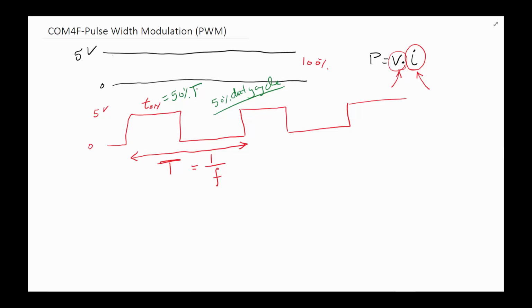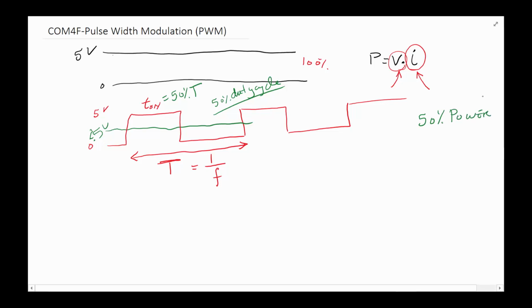So in this particular case, as far as the power is concerned in this device, the power is the average of on time and off time. So instead of seeing 5 volts, it's going to be seeing 2.5 volts, half as much, and therefore it's going to see half the power.